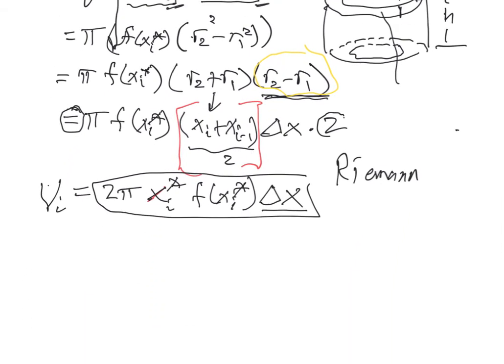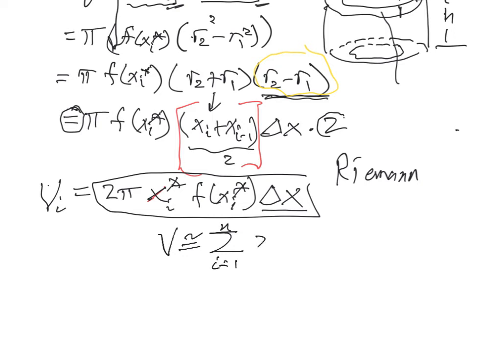And so therefore, we can say that the total volume will be approximated by summing over all of our subintervals. There are n of them.